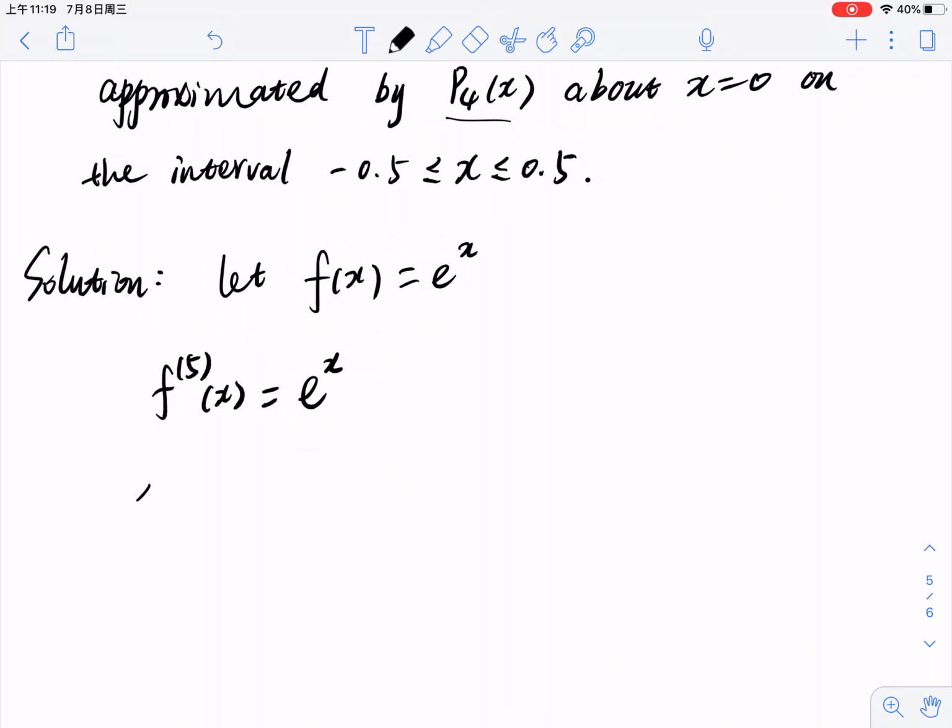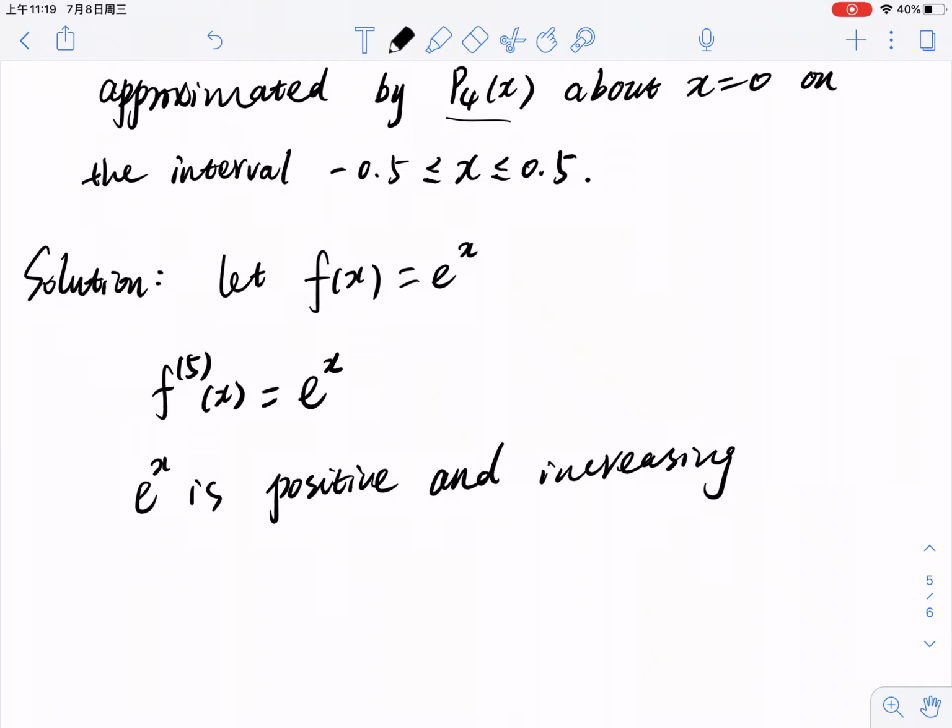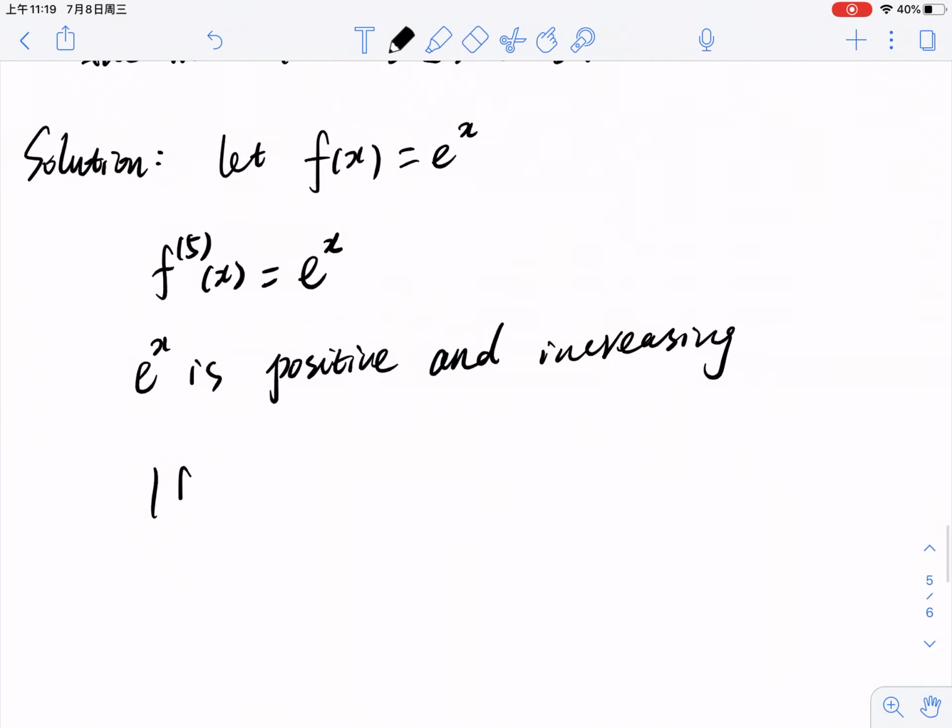And we know e^(2x) is positive all the time and increasing. So its fifth derivative, its absolute value, is e^(2x), the absolute value. Right?